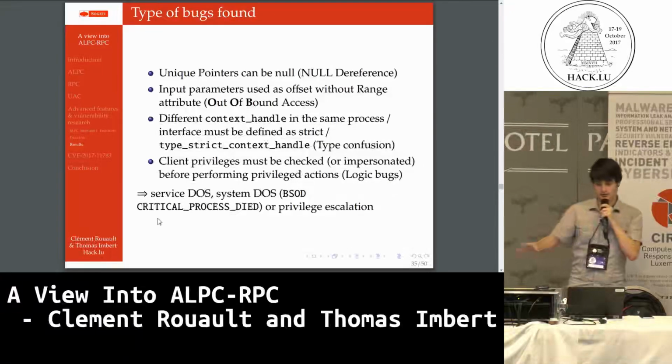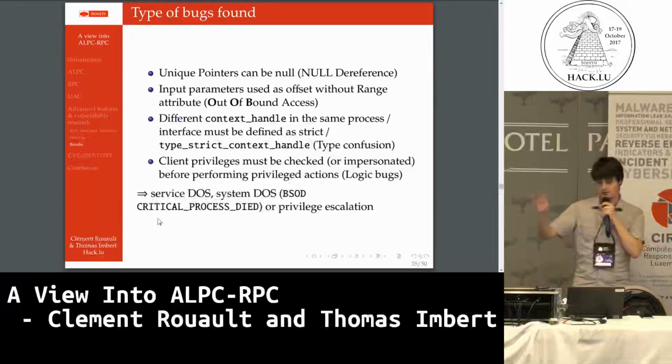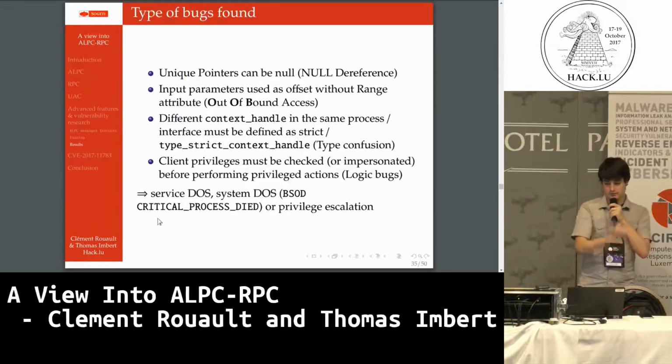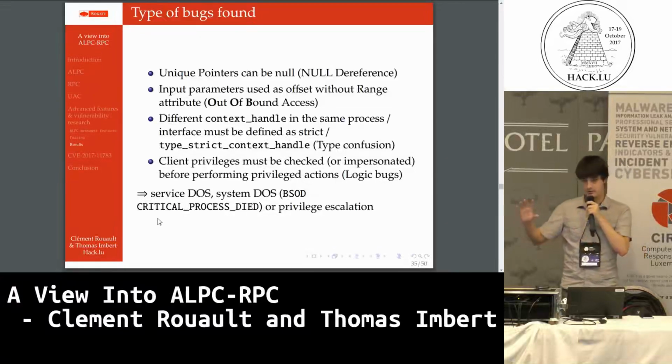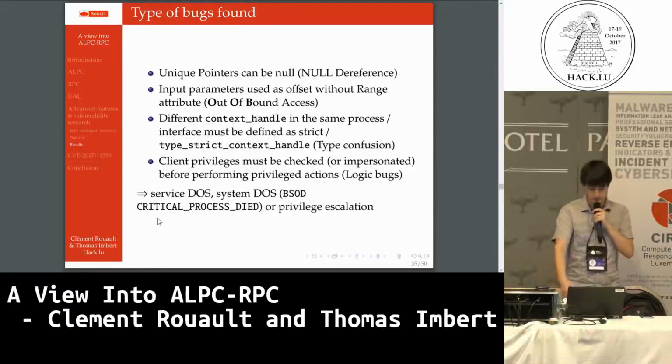If the custom server-side objects are of different kinds, and you send an identifier of a different object to the server, it will not be expecting that type of object and can lead to type confusion. So we did find a type confusion due to a context handle problem.